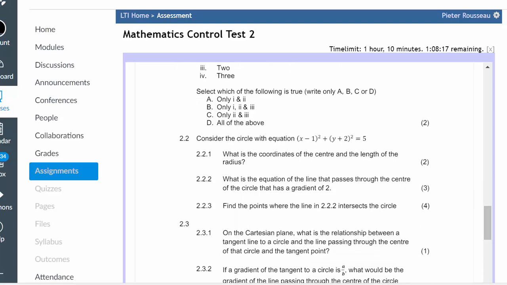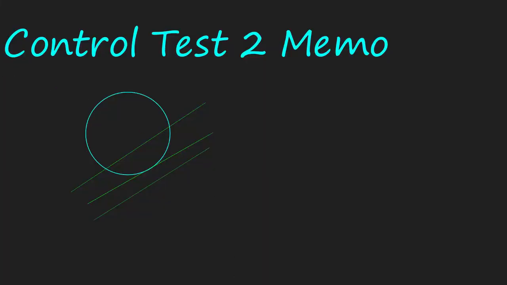Okay. Next, we ask, consider the circle with equation, and there's an equation. What are the coordinates of the center and the length of the radius? So the coordinates of the center is simply x minus p and y minus q. To make it simple, I think everyone got that correct.